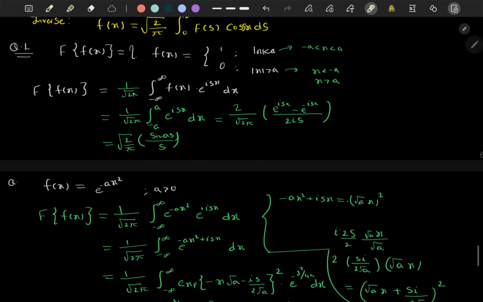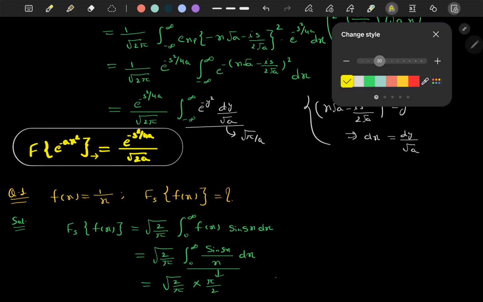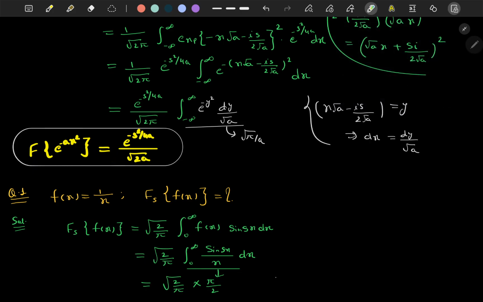So e raised to the power minus y square dy equals under root pi by a. After solving we'll get this. We can directly remember it also: the Fourier transformation of e raised to the power minus ax square is e raised to the power minus s square by 4a upon under root 2a.